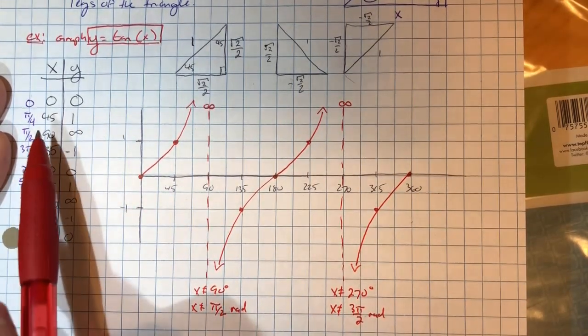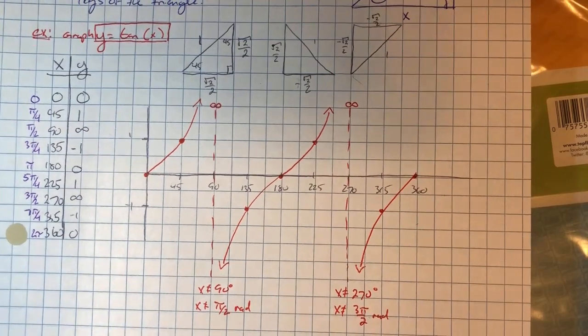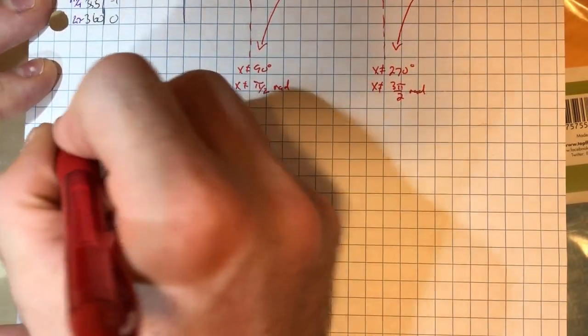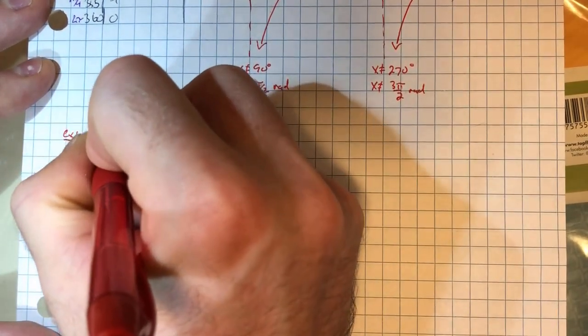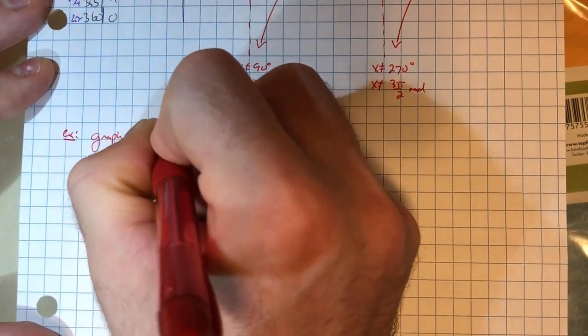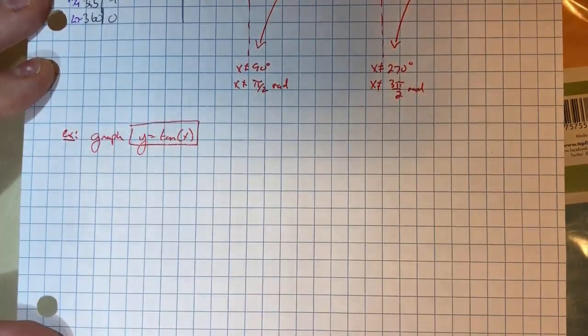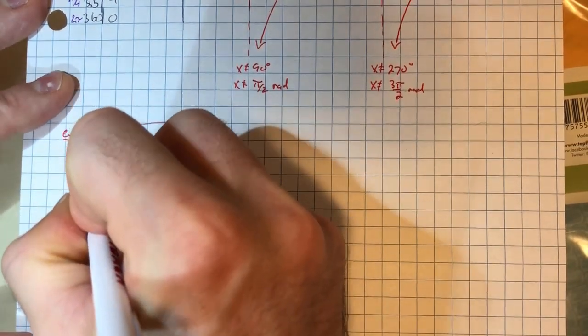Now, let's say we didn't pick the 45, 45, 90. Let's say we picked the 30, 60, 90. What would happen if we did that? So let's graph that same graph, but we're going to graph it with the 30, 60, 90 and see if we get the same thing. So we're going to graph y equals the tangent of x. We're going to graph with x, 30, 60, 90.